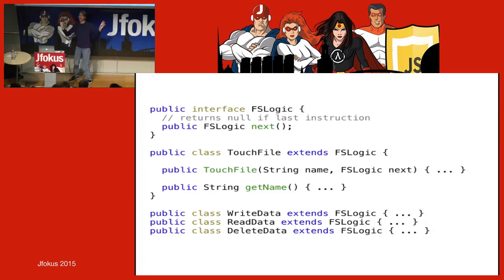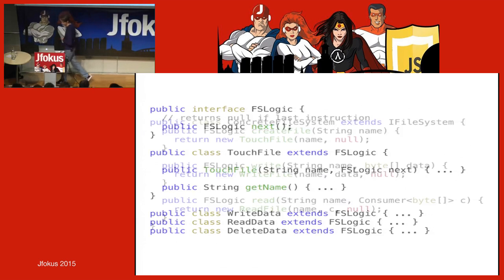Maybe you want to return an array of FS logic, however you want to do this. Every single file system command has the ability to return a series of instructions, but it doesn't actually run those instructions, right? It's not going to disk. It's not going to Hadoop. It's just giving us these instructions, and we'll be responsible for dealing with them later.